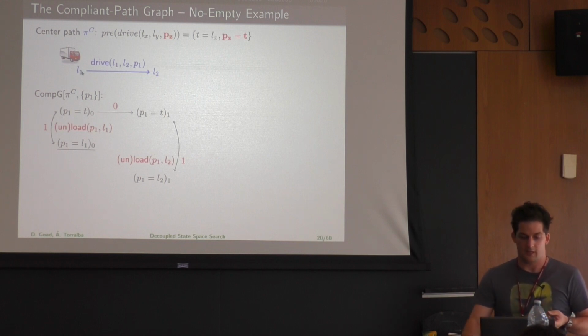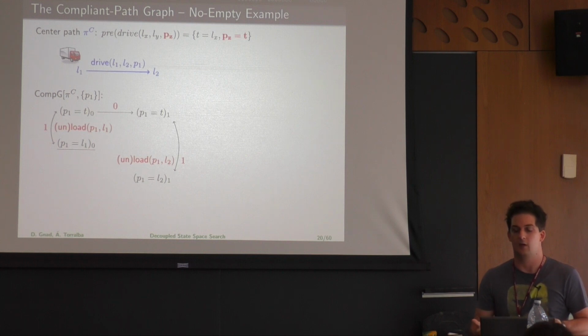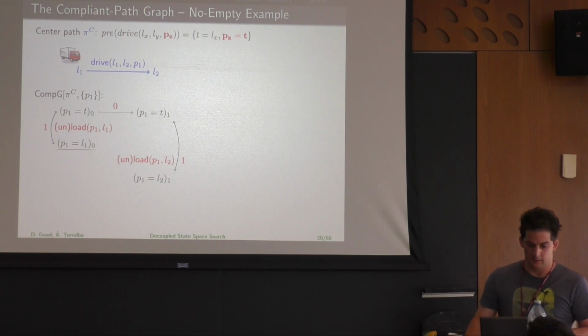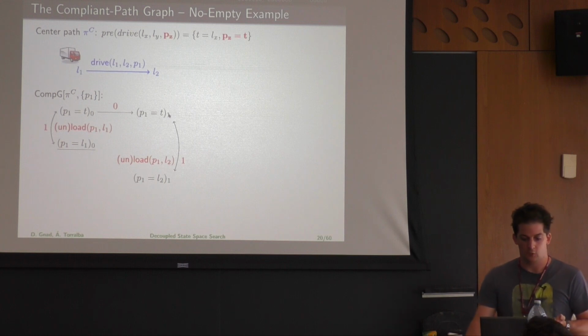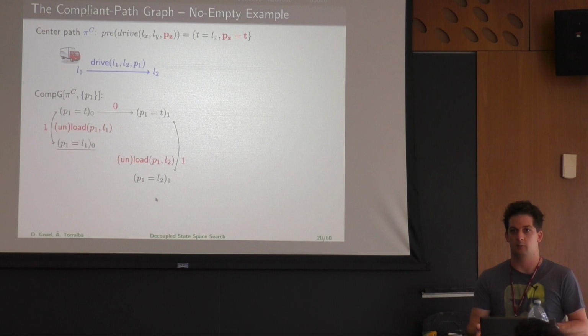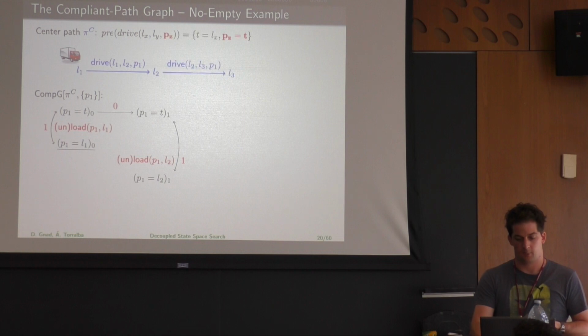So to be able to perform this drive action, we need the package to be loaded in the truck. Otherwise, we could not do this drive action, and that's why location L1 is no longer available for the package. Once we've driven to L2, we can again choose to unload the package at a cost of 1, giving us the same pricing function, the same price for this leaf state.